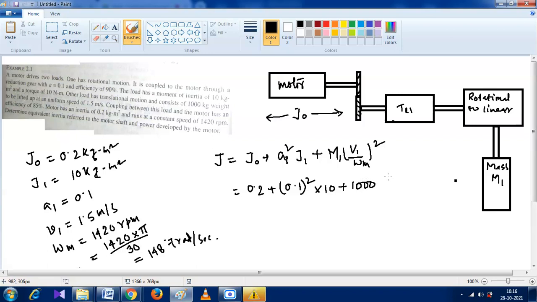Then what is the value of V? 1.5. And what is the value of omega M? 148.7. So calculate it and tell me the value of that.